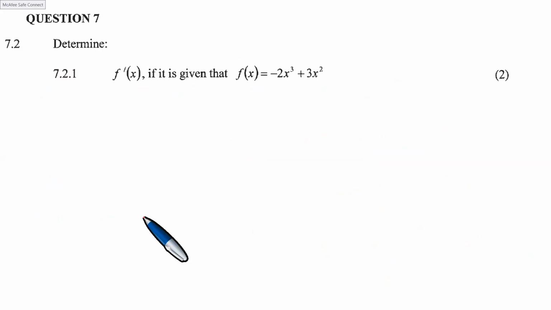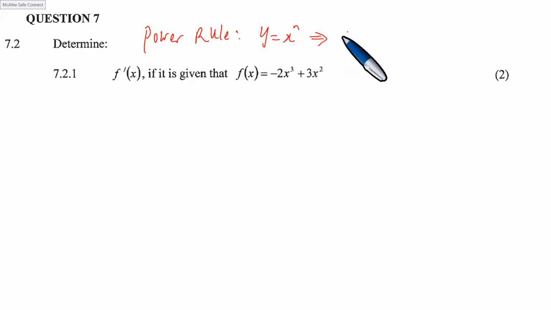Okay, the next question that came in June this year is about how to find the derivative of this function here. Right, f prime. So we use the power rule. What does the power rule say? Right, it says that y equals x to the power n implies that dy/dx is nx to the n minus 1.